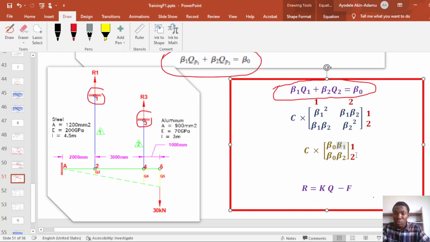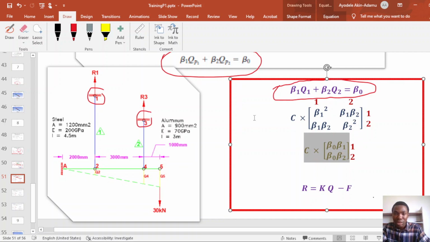So in addition to modifying the boundary condition without displacement, like adding a large stiffness to the diagonal, we also need to add this to modify the boundary condition with displacement defined. This is for the global stiffness matrix. This is the modification for the force vector.